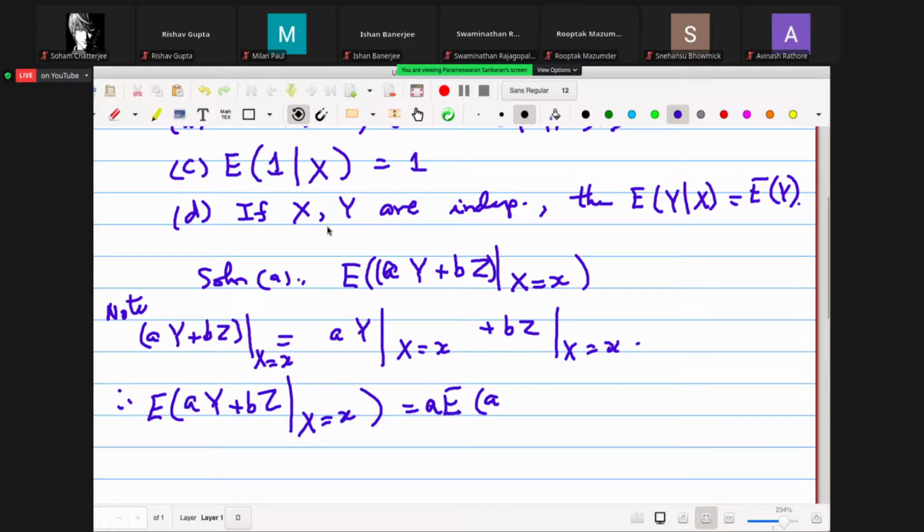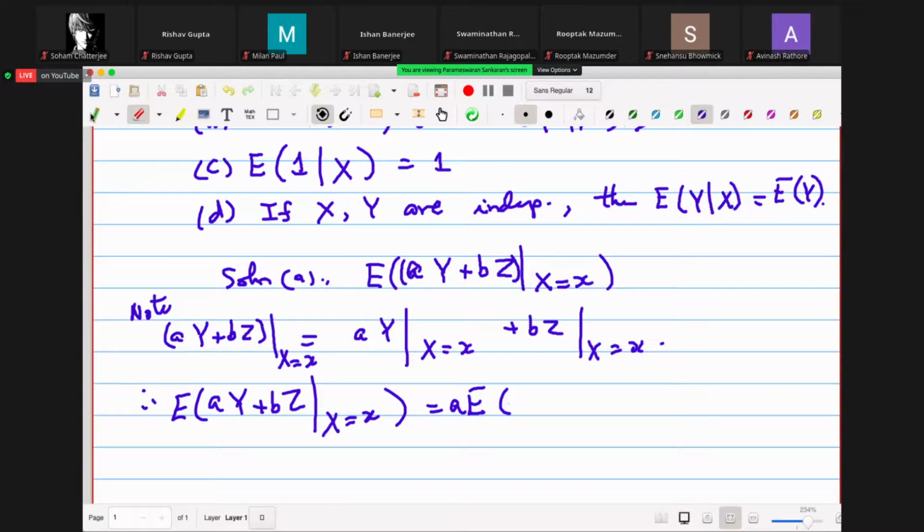Expectation being linear, you get a times the expectation of y given X equals x plus b times the expectation of z given X equals x.